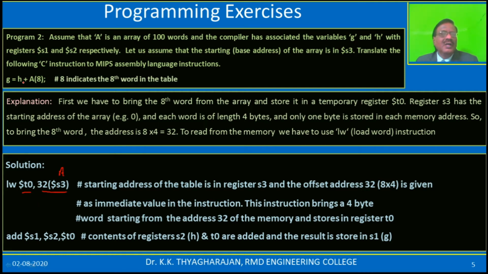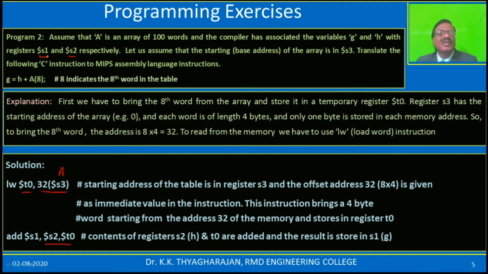Now, what about H? H is in S2. So this T0 should be added with S2. So you have to use the add instruction. Then the result, that is G, should be stored in S1.